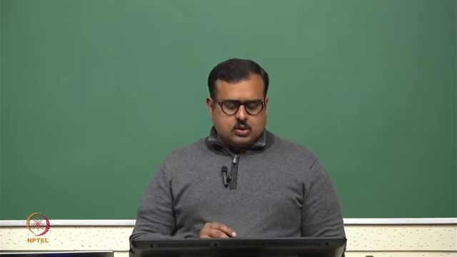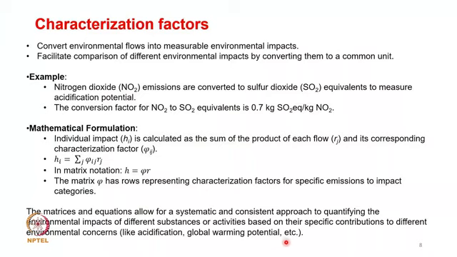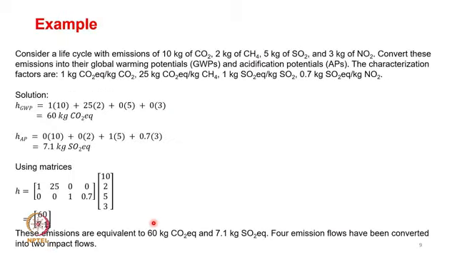Acidification would have an impact on soil, maybe acid rain, and so on and so forth. But all of these variables are in different forms. So what we are doing is step by step converting to something that is an equivalent or something that is tangible. So let's take an example.